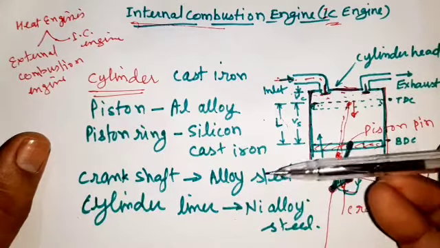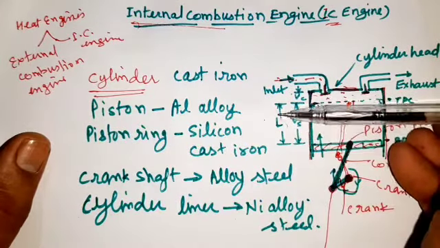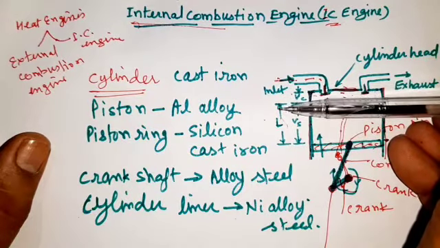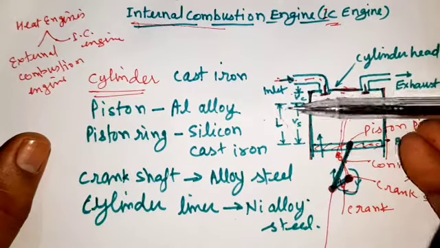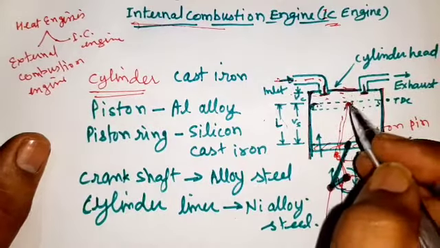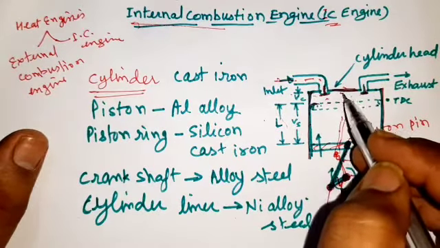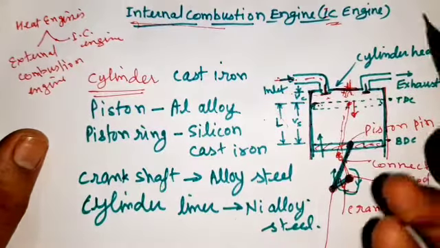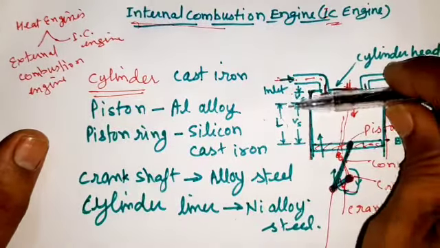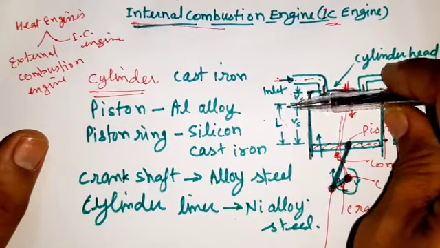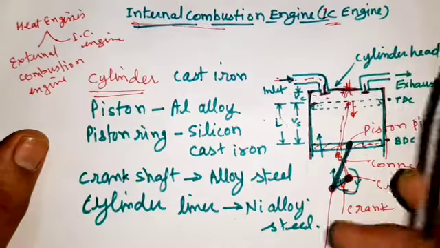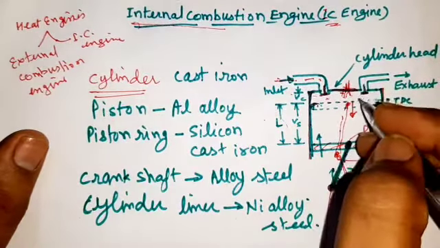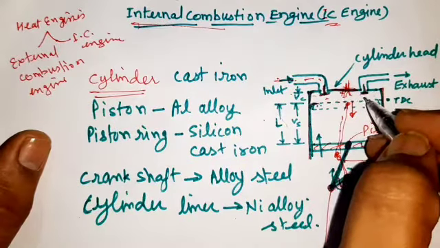During this process, volume decreases and pressure increases. This is called the compression process. At the end of compression, in the case of an SI engine, a spark from the spark plug is provided and the compressed air-fuel mixture is combusted. Due to the combustion of the air-fuel mixture, thrust is provided to the piston, and the piston moves again from TDC to BDC.